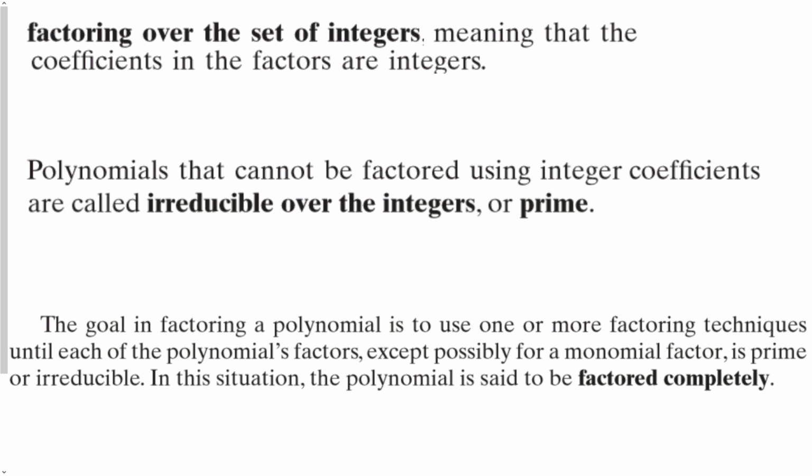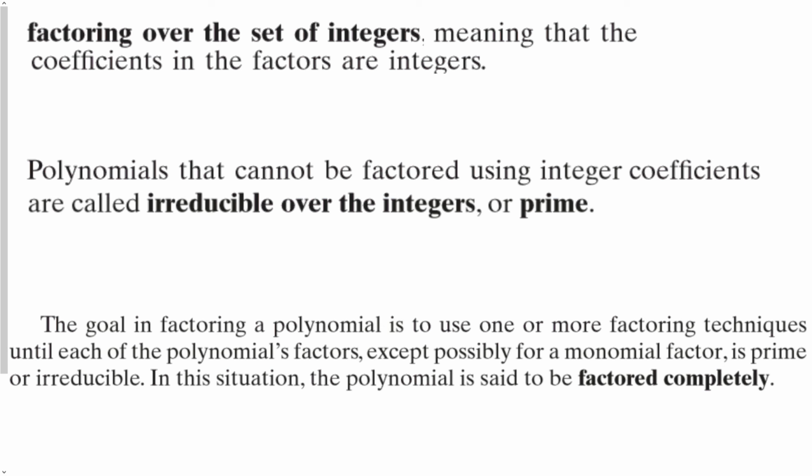We are going to be factoring over the set of integers, which means that the coefficients in my factors are integers, right? We are not going to factor over rationals or irrational numbers. We're always going to be factoring out integer terms.